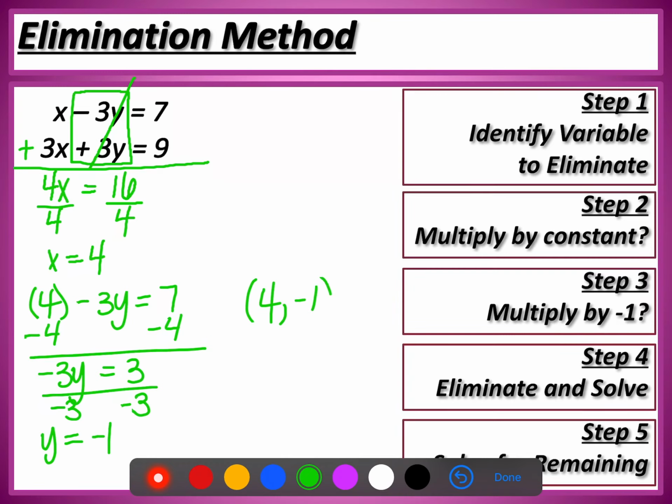Okay, so my final answer would be 4, -1. So this is a much quicker process than substitution. Let's take a look at another.